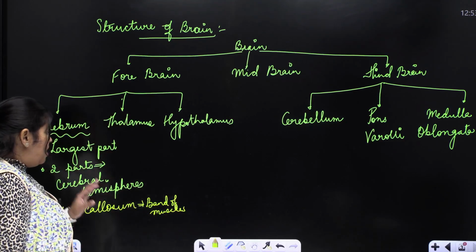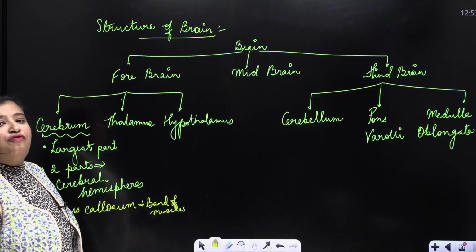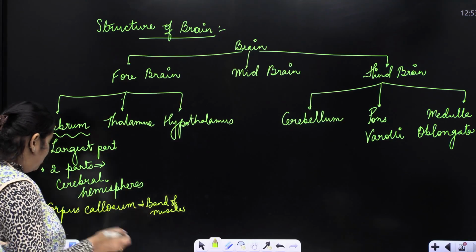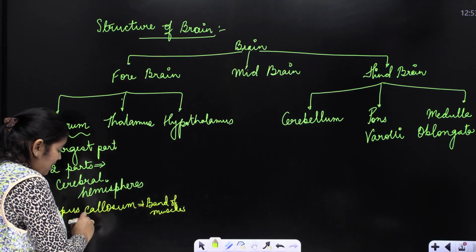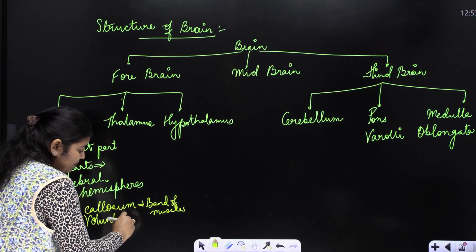All right. Now, this part of the brain plays a very, very important role in the body. The most important role played here is that it controls the voluntary actions.